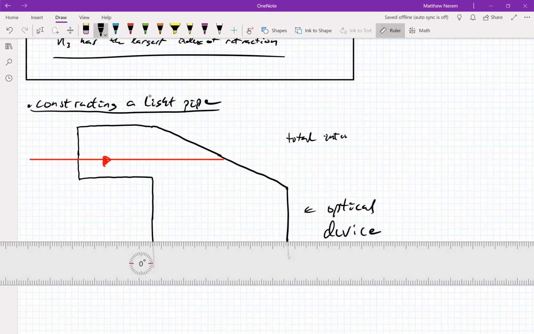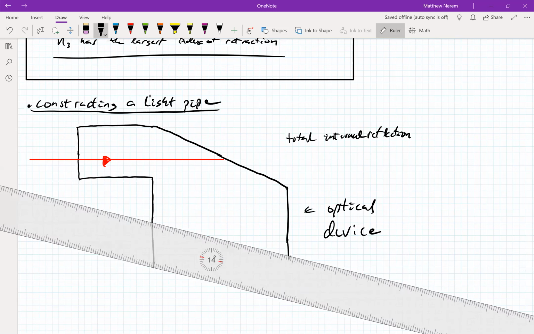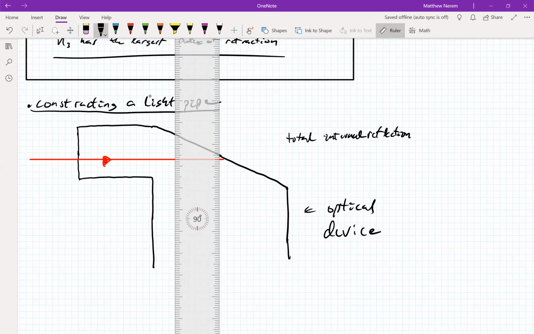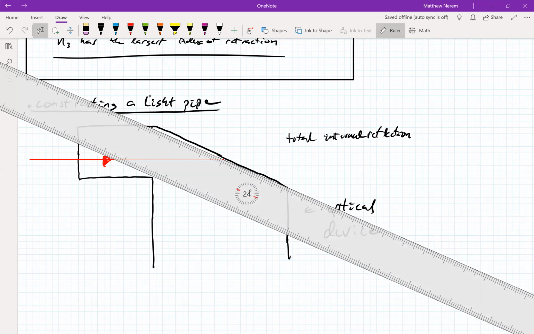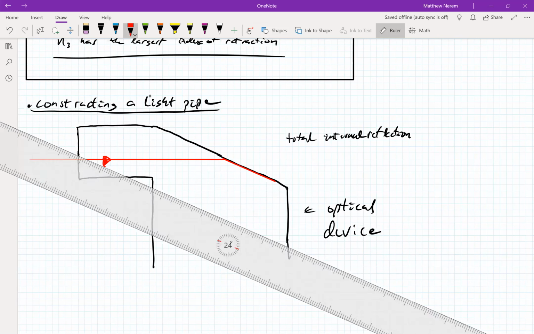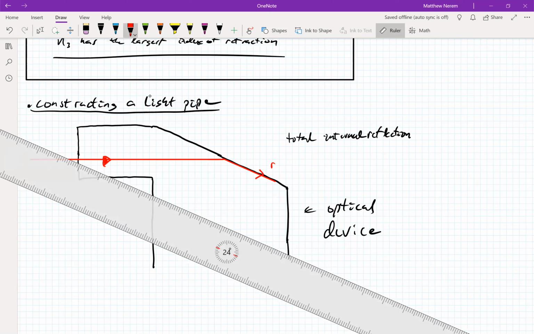Total internal reflection. All right. So we'll want to find that the refracted ray is just trapped in the prism.